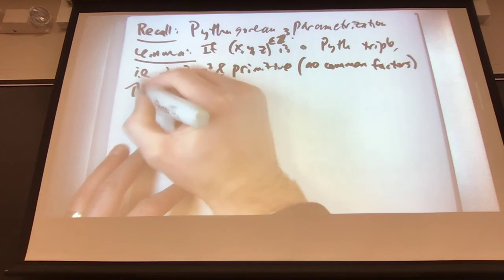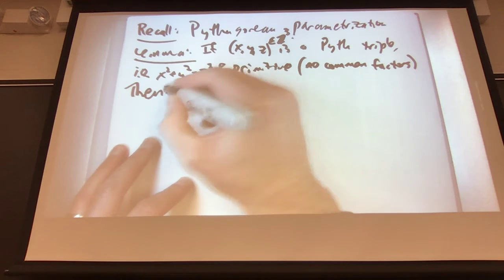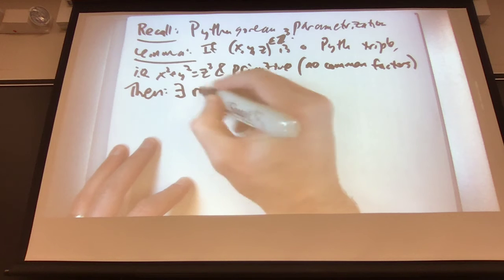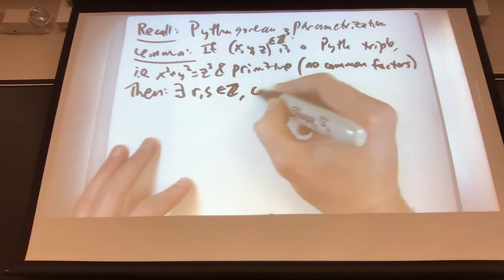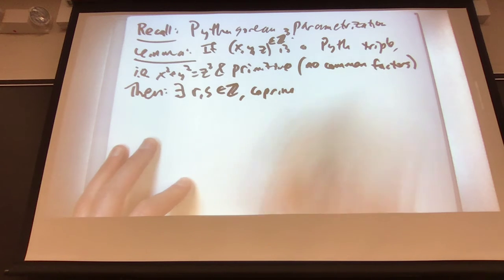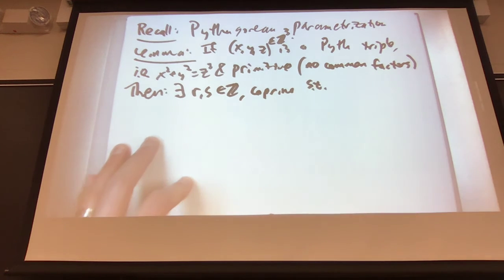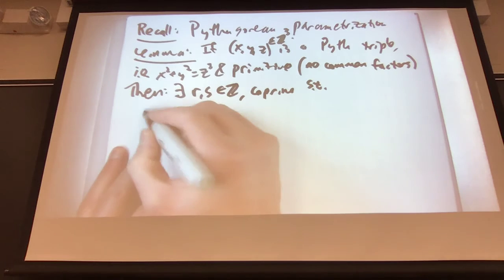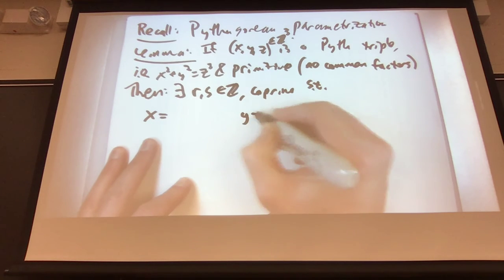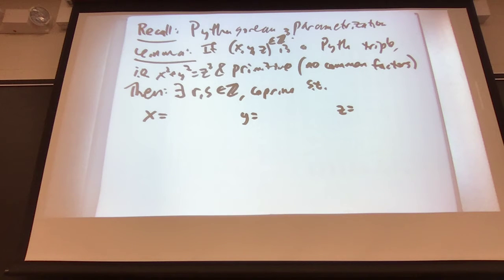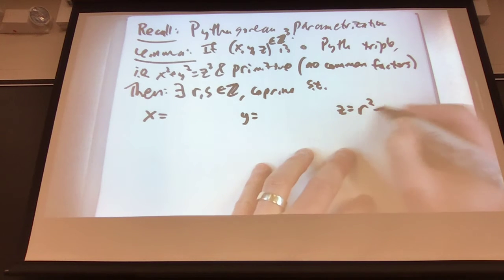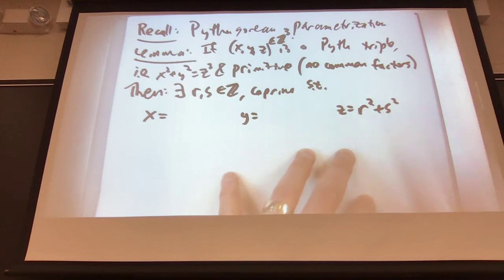Then there exist integers r, s, coprime, such that we can completely parametrize x, y, and z in terms of r and s. So z is easy, it's the sum of the squares.